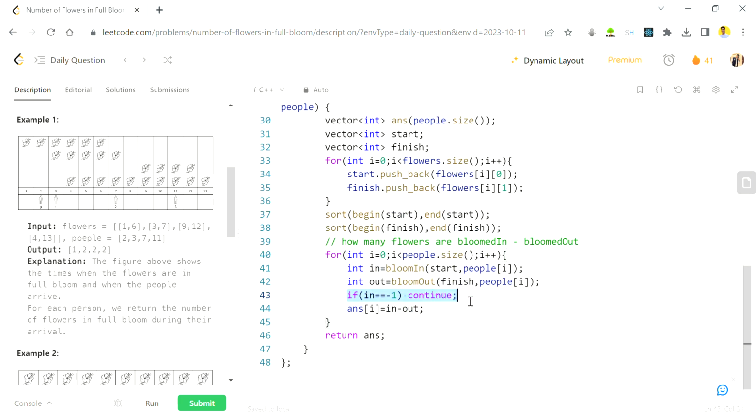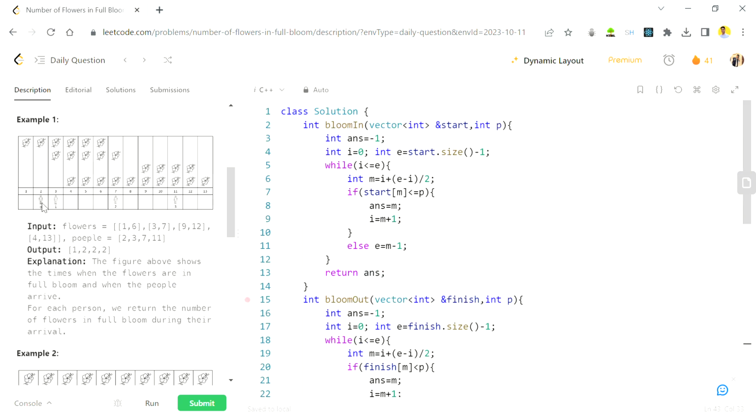Now this statement, if n is equal to 1: for example, I have a person starting at index 2, and let's say the range 1 to 6 were 2 to 6. In that case I would have 0 flowers in the array, and in order to avoid pushing back a value when I didn't have any flower at position 1, I'm going to simply check if I was unable to find the bloom in.